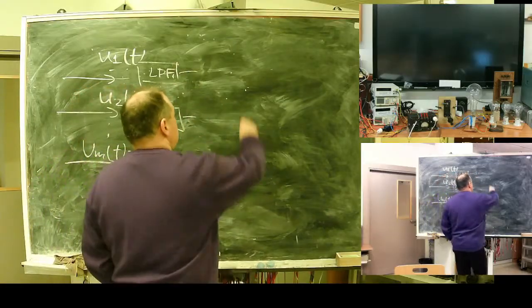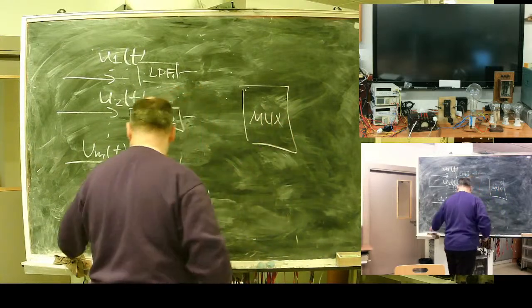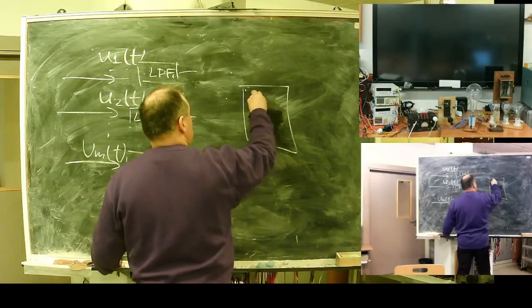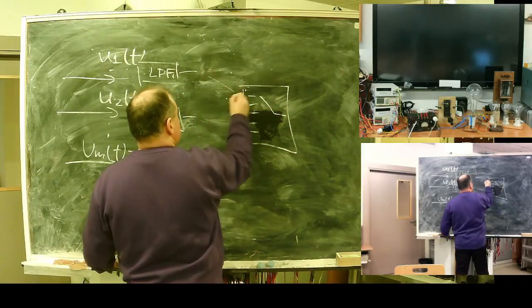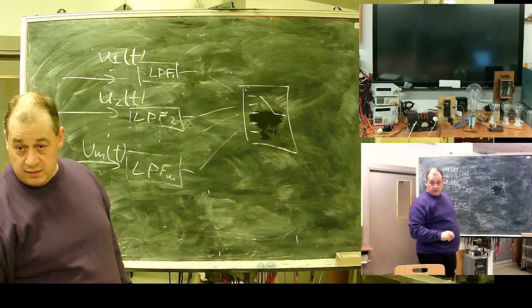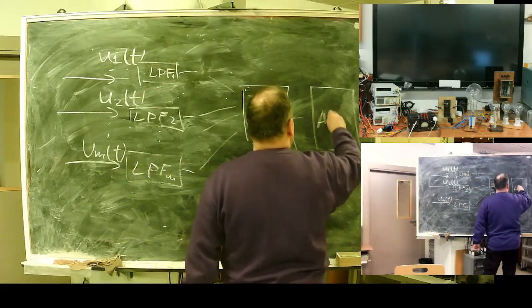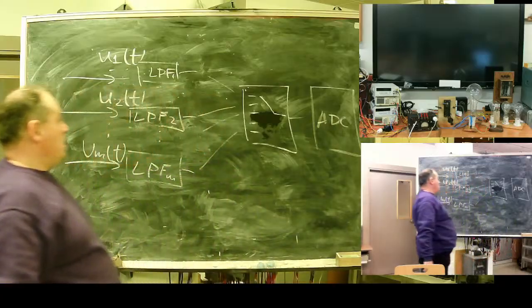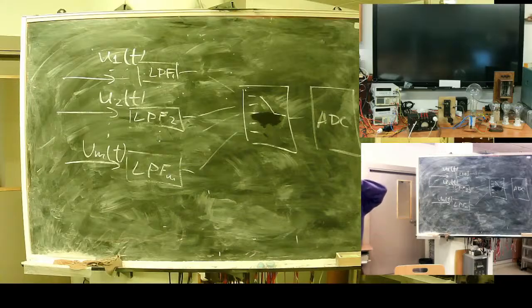In theory, I can do what? Multiplexer. What is a multiplexer? A switch selector. In theory, I can send them all to a multiplexer, yeah? Controlled by my CPU, and then to my nice ADC. And what happens? I will bring myself into a swamp. What swamp? Time difference between measurements.